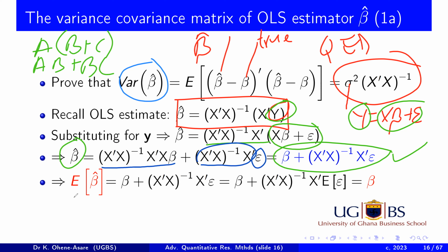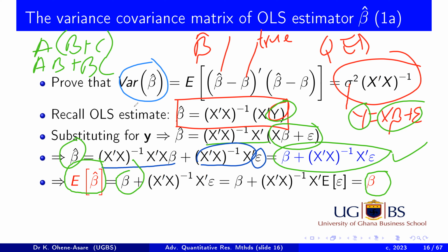That is why we are left with eventually beta. Therefore, the expected value of beta cap is beta here. Now, we know that the expected value of beta cap is what? Beta. Keep that in mind.